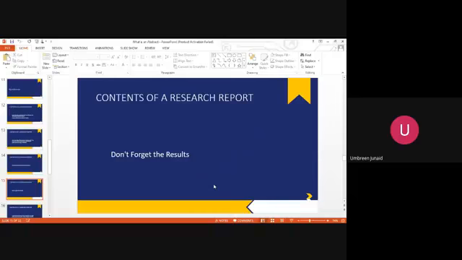Now, this is not a complete abstract because you actually forgot to add the results, to add the findings. After doing all that research, what did you find? आपकी findings क्या थी? What were the aspects that you have finally explored?